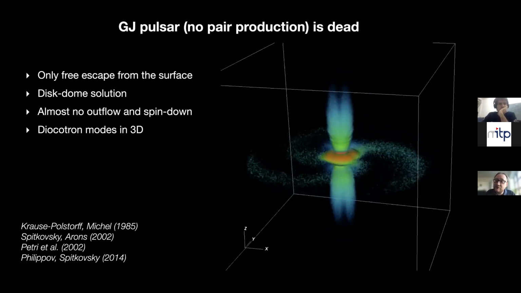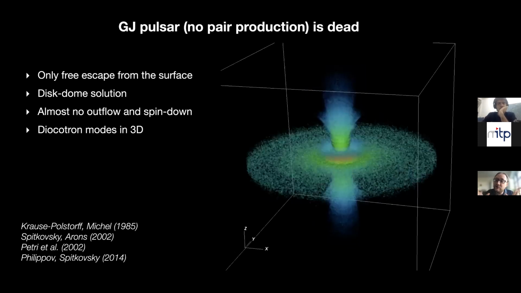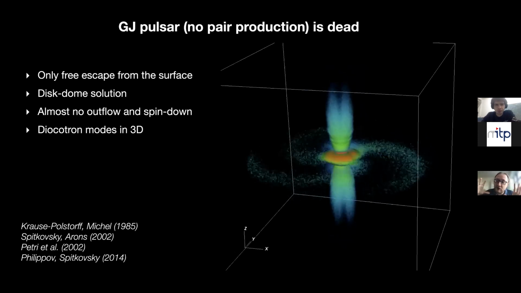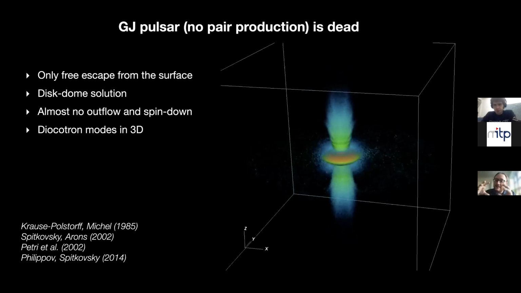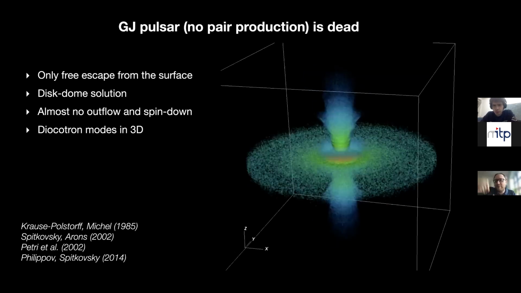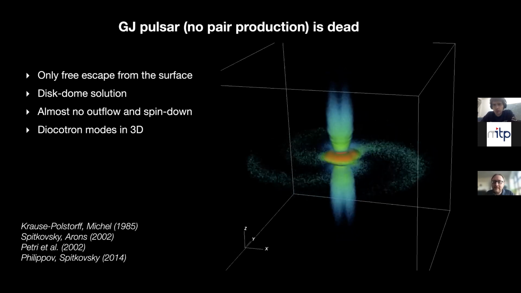So these particles are trapped. They don't leave the neutron star. And the key to this is that the whole configuration becomes charged. There is a macroscopic charge that sits with this plasma and the neutron star, and the electrons that leave the surface are then repelled back by the central charge of the neutron star.